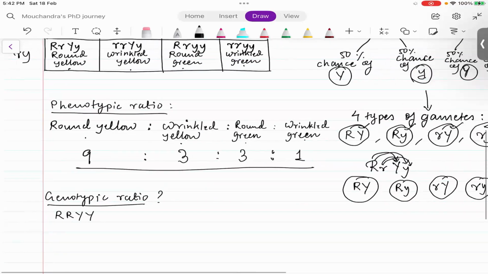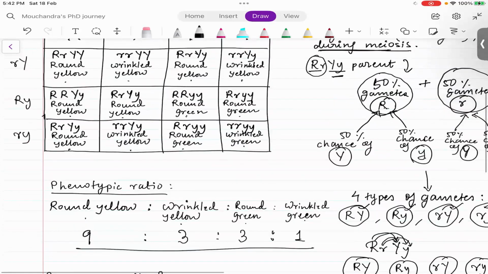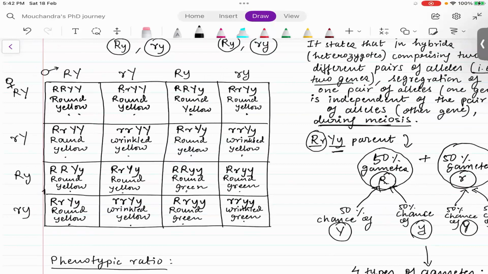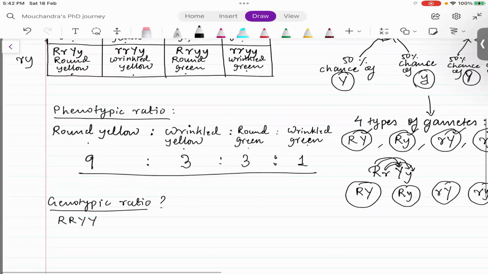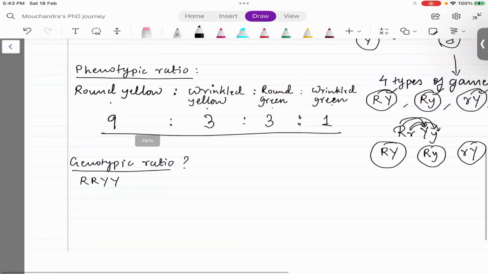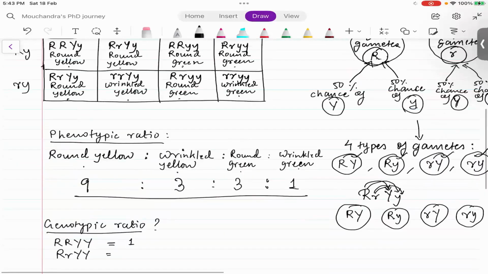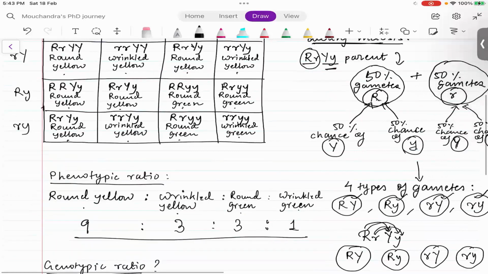The first type is this. How many boxes are there? Only one. Then this is one genotype, right? Second box, this is another genotype.